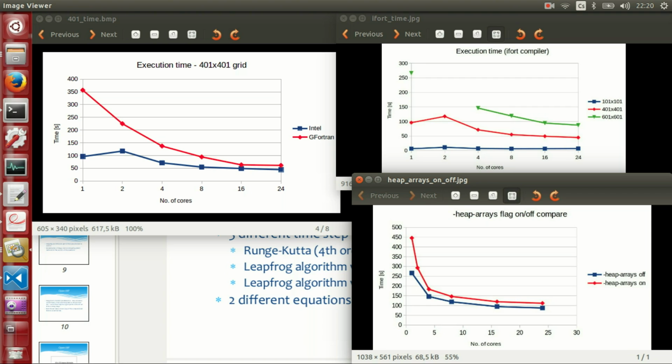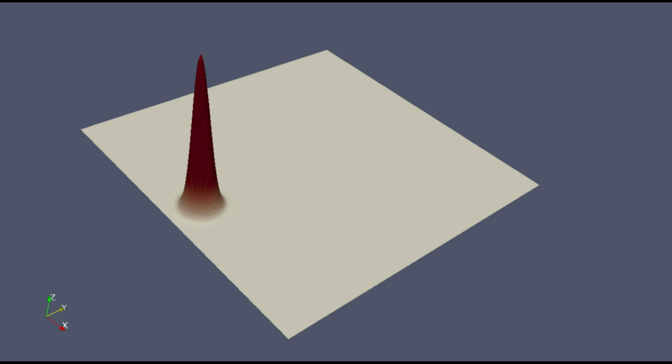And also I was experimenting with this heap arrays flag, which you use to tell the compiler if it should store the arrays on heap or stack, because when you use bigger grids and you use bigger arrays, you can't store them on stack anymore, and you have to tell the compiler to store them on heap, otherwise you get segmentation faults. But now let's move to the more interesting part of my project, which was visualization, of course.